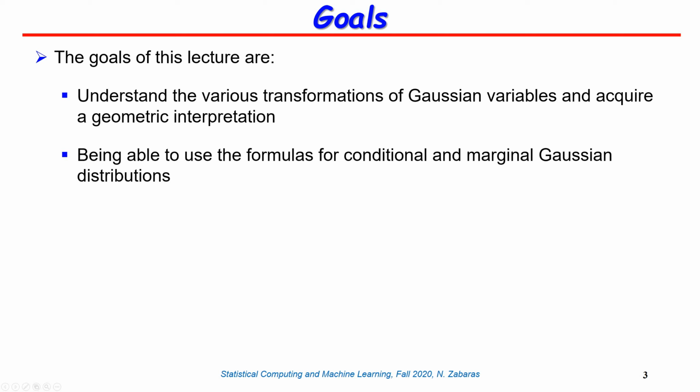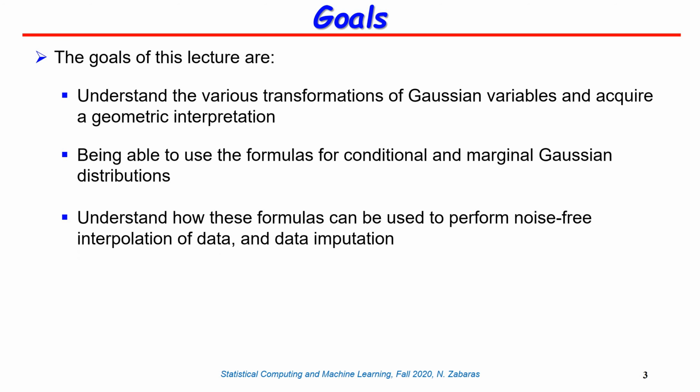We will give you formulas that you need to become very familiar with on the conditional and marginal Gaussian distributions. And then we will use these formulas to perform interpolation in a noise-free setting, and I will also discuss a little bit the noisy case as well. And then we will also use this to do what's called data imputation in general.